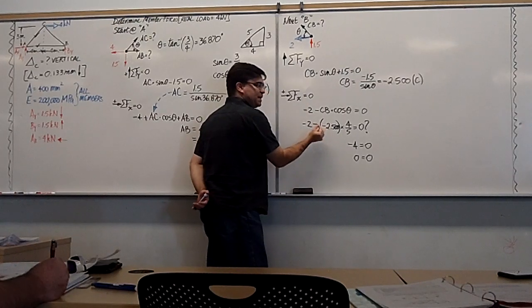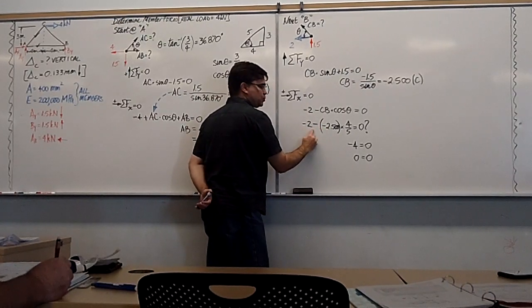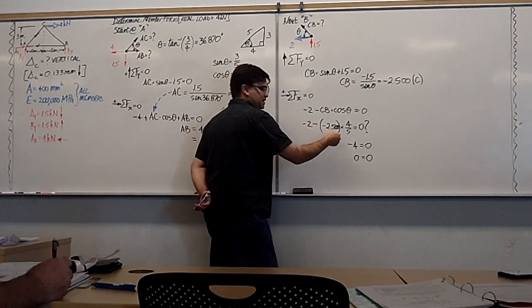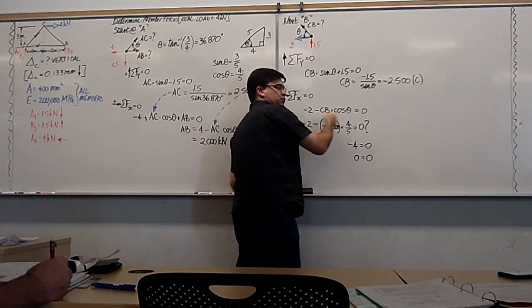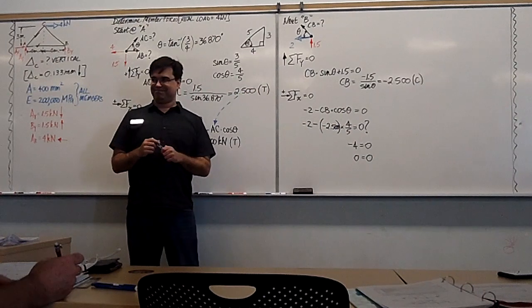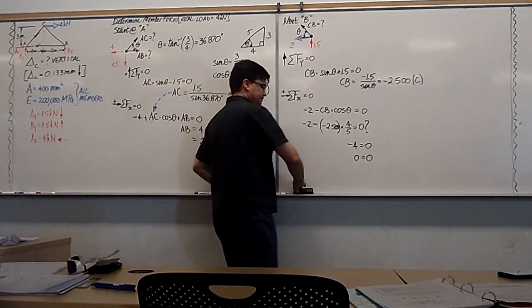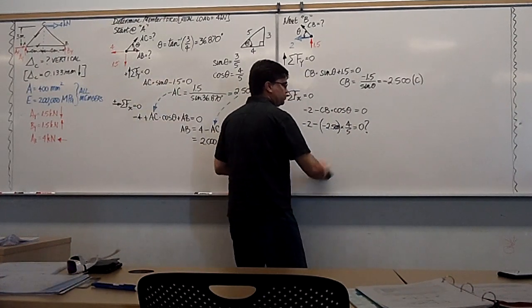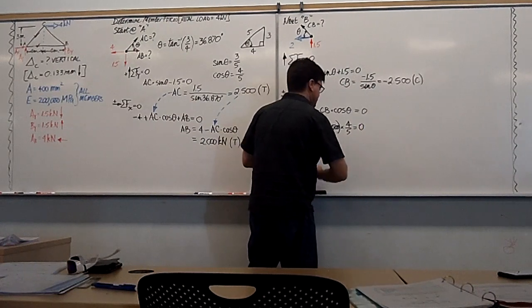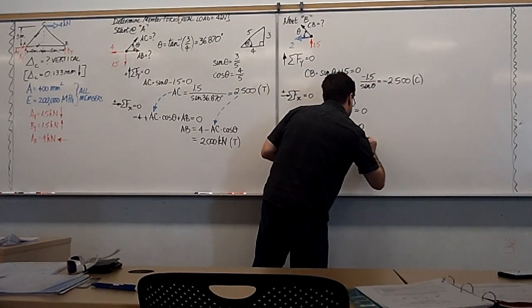These two negatives become a positive, so this becomes -2 plus all of this is 2. Make sense? So in fact, what we do get from here is 0 equals 0.